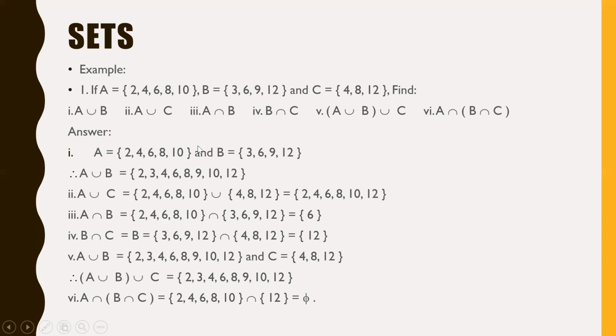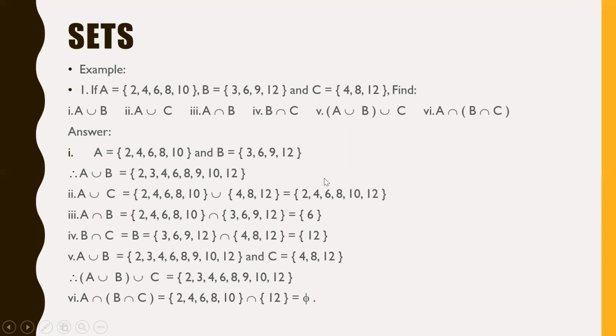Then A union B. So in union, all the elements we have to write. So from here we have taken 2. Then 3 is there. Then 4, 6, 8. Then 9 is there. 10 and 12. So all the elements we have written. So A union B is 2, 3, 4, 6, 8, 9, 10, 12.